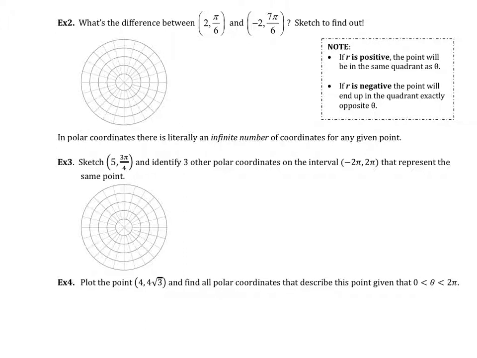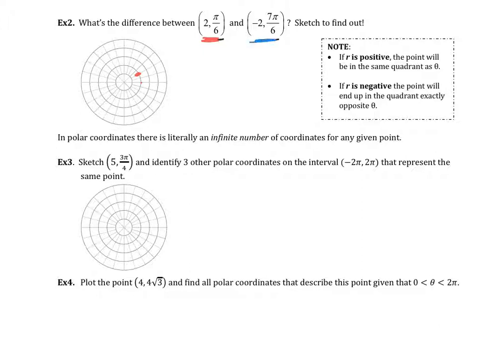So now we're going to do exercise 2 and see what happens here. It says, what is the difference between (2, pi over 6) and polar coordinate (negative 2, 7 pi over 6)? Let's sketch to find out. So maybe pause and do this on your own. So I'm going to do (2, pi over 6). So I go right 2, up pi over 6, so that's this point here.